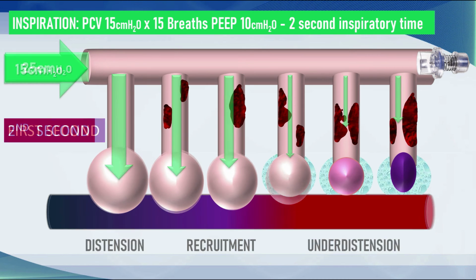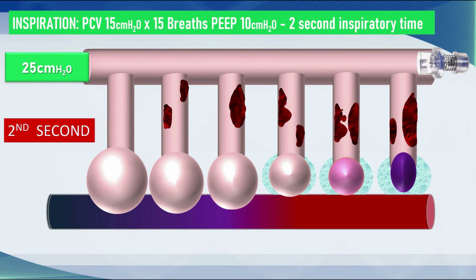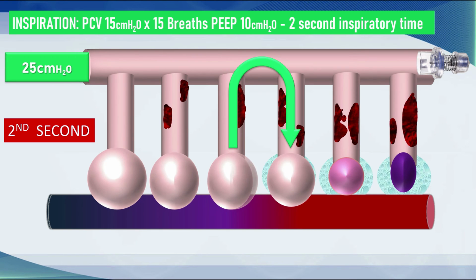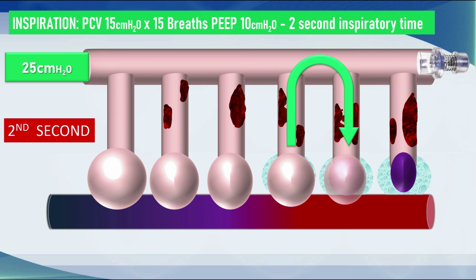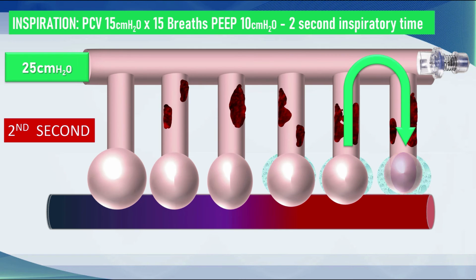Then in the second second it starts to redistribute because there's back pressure from these lung units in the anterior apical segments that are overdistended, and the gas starts working its way through all kinds of lung units and starts to inflate those lung units with long time constants. And this really improves overall aeration, and it prevents phasic shunting during inspiration.